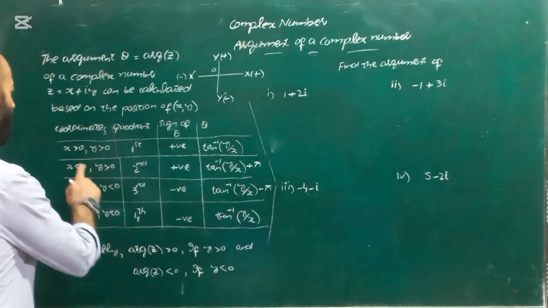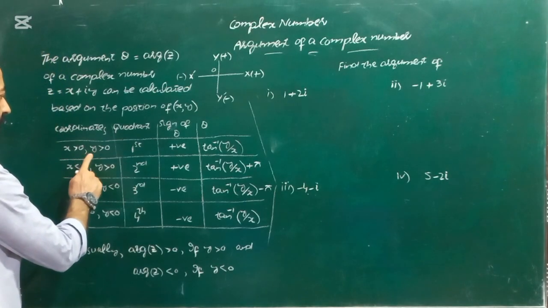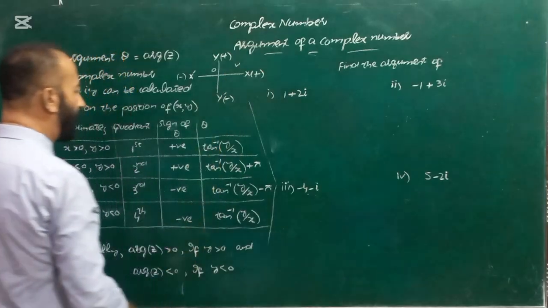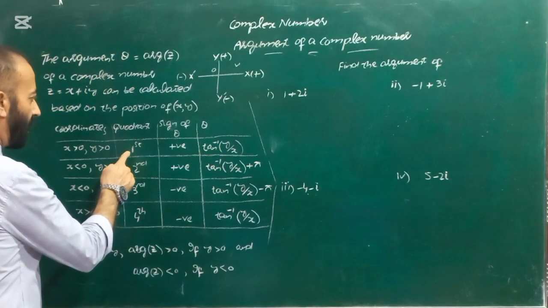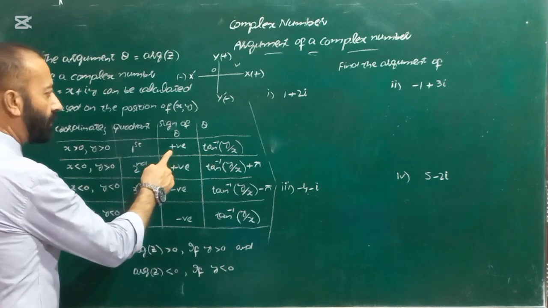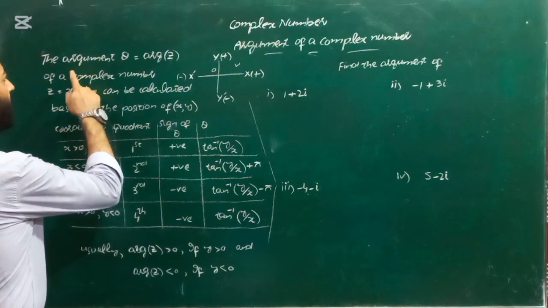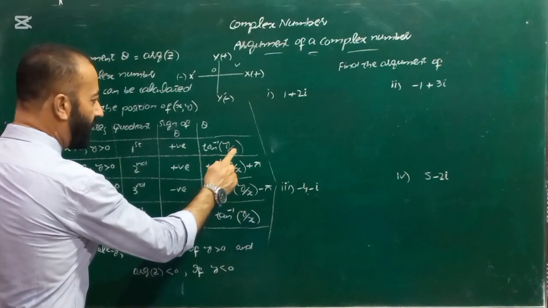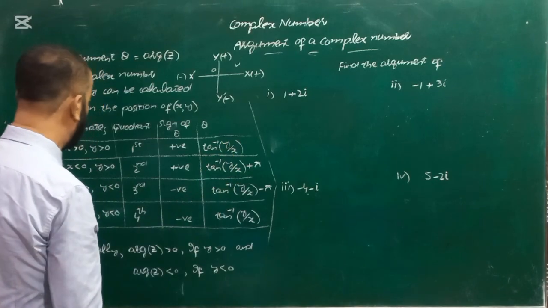So if x is greater than 0 and y is greater than 0, it means first quadrant will be there. The sign of theta will be positive, and theta, that is the argument, is tan inverse y by x. So this will be the formula.